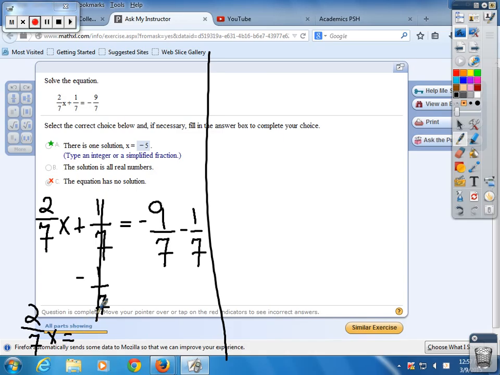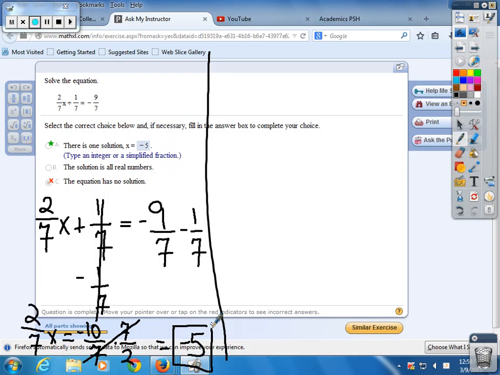Negative what? Negative 10/7. And then how do I get rid of multiplying by 2/7? Divide by 2/7, which means I'm going to multiply by what? 7/2. And what happens to your 7s? And that leaves you with negative what? Negative 5.